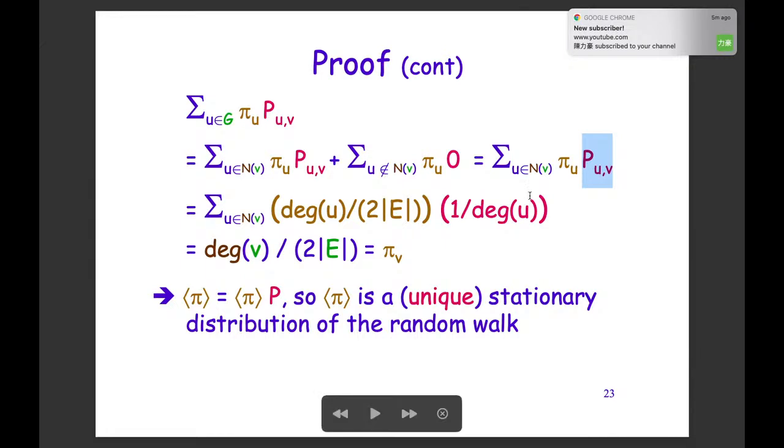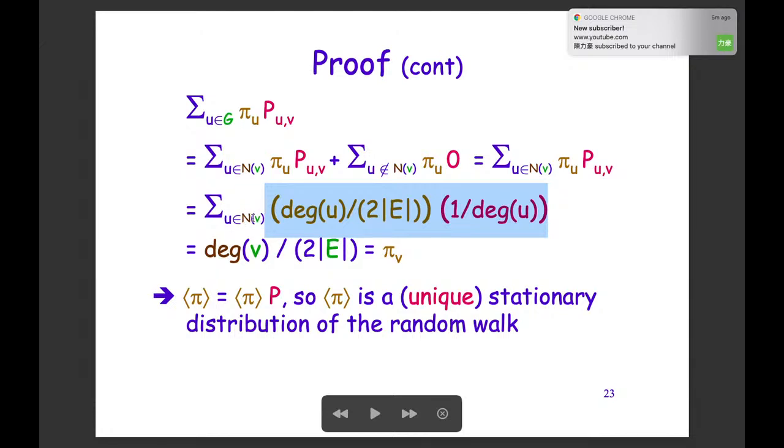So the chance that you choose v as the next step is exactly 1 over the degree of u. Then the degree of u here and the degree of u here cancel each other, so each term is 1 divided by the total degree. And how many terms are there?